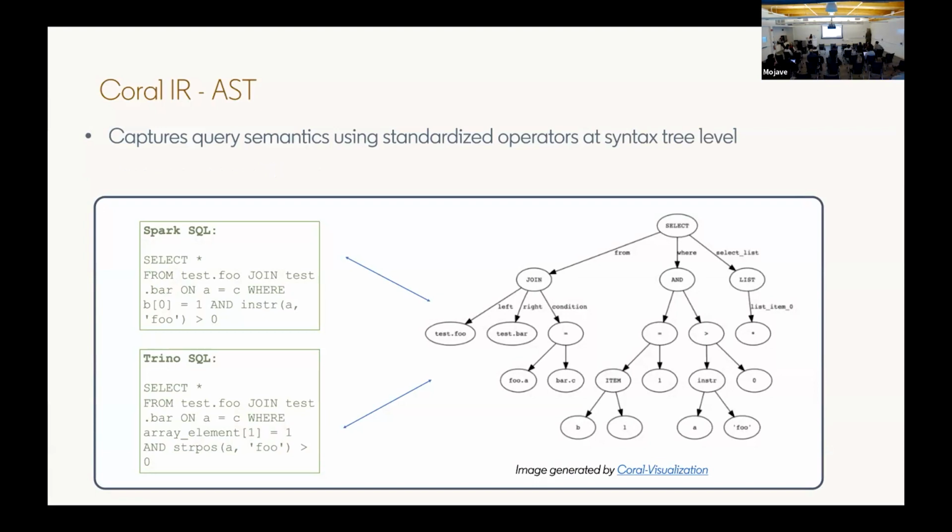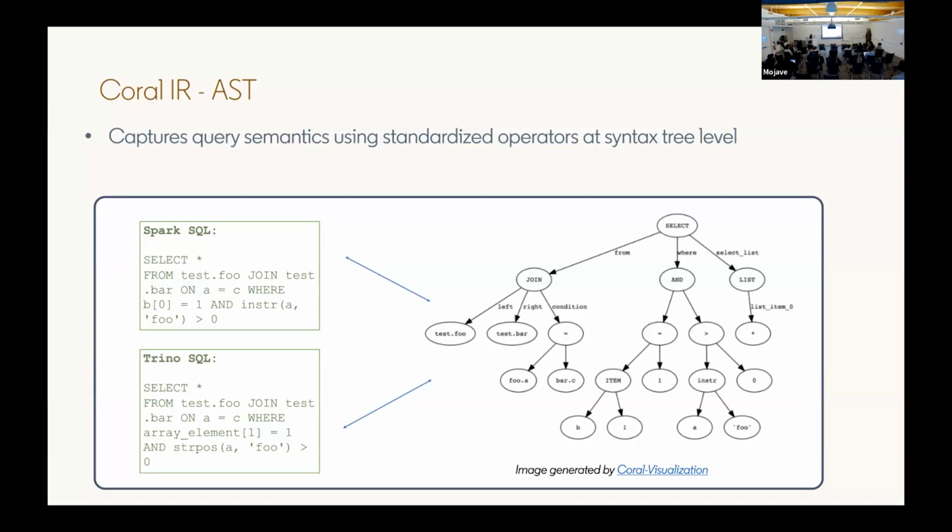As you can see, the where clause has a condition on the first element of B, and the semantics of selecting an element from an array are different across Spark and Trino. Spark has zero-based index arrays, and hence we have a B of 0 representation in Spark SQL. The same thing can be represented in Trino by using the element_at operator, and the array is one-based instead of zero-based.